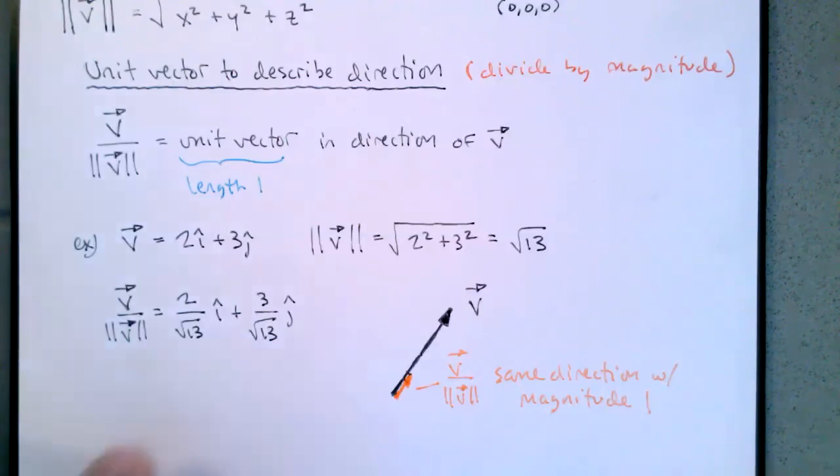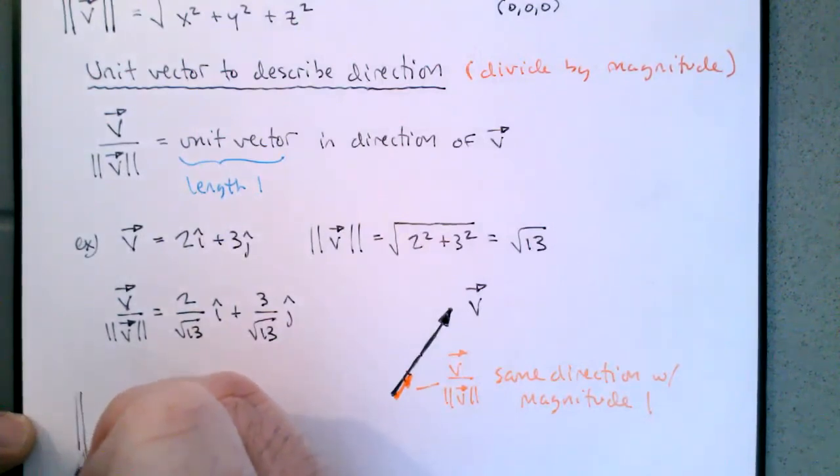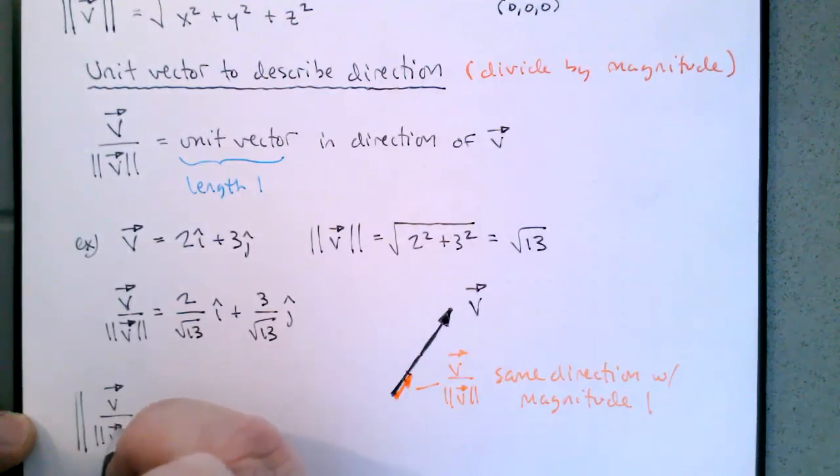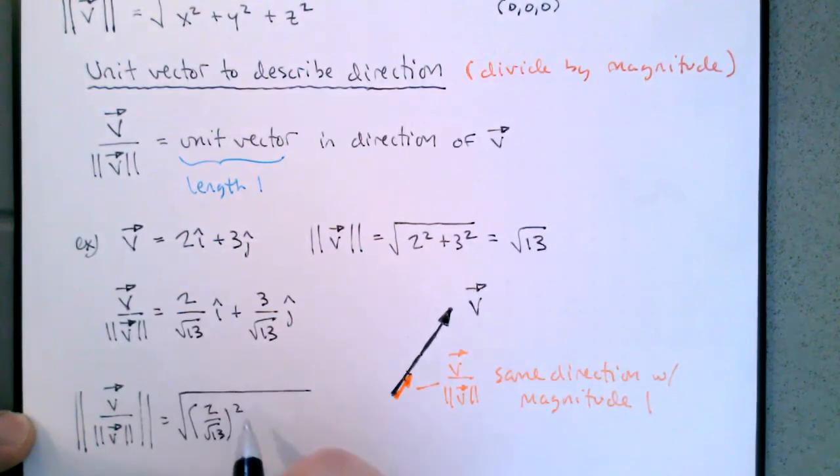If we find the magnitude of this unit vector, the square root of 13 is just going to cancel out the square root of 13 that we ended up with at the end. But if we want to verify that, if we want to find the magnitude of this unit vector, we would just find the square root of (2 over root 13) squared plus (3 over root 13) squared.